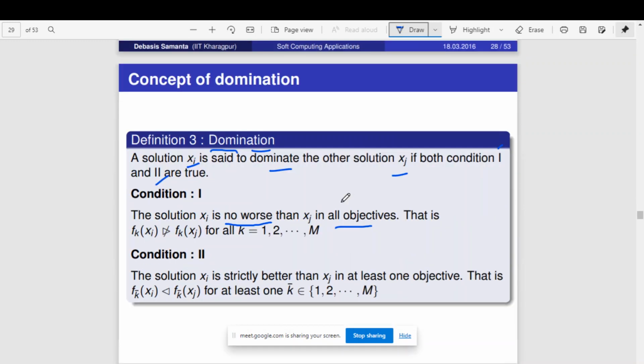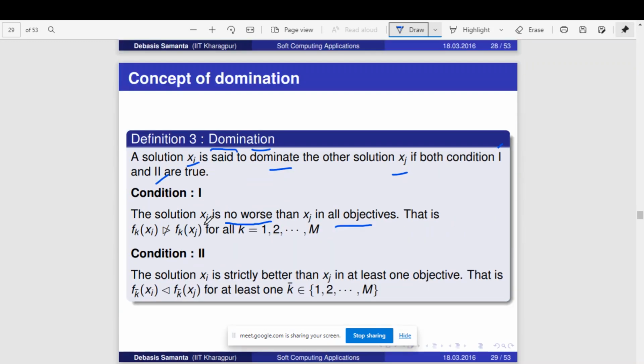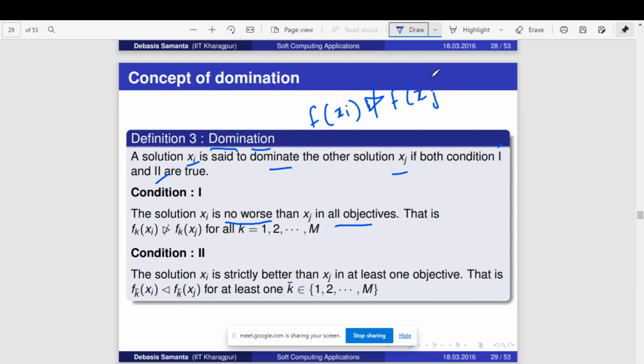But the definition of domination says that the solution xi is no worse than xj for all objective functions. That is, f of xi is not worse than f of xj for all objective functions. Worse means this symbol.